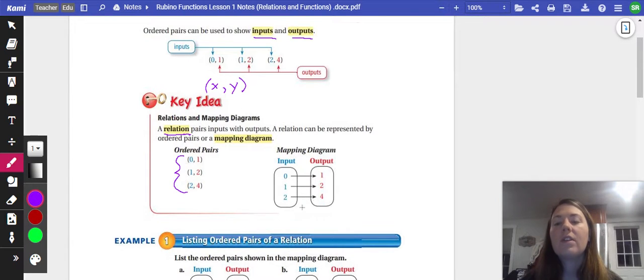Now, these are not the only two ways to show a relation. We can also show a relation with a table. We can show it as points on a coordinate plane.